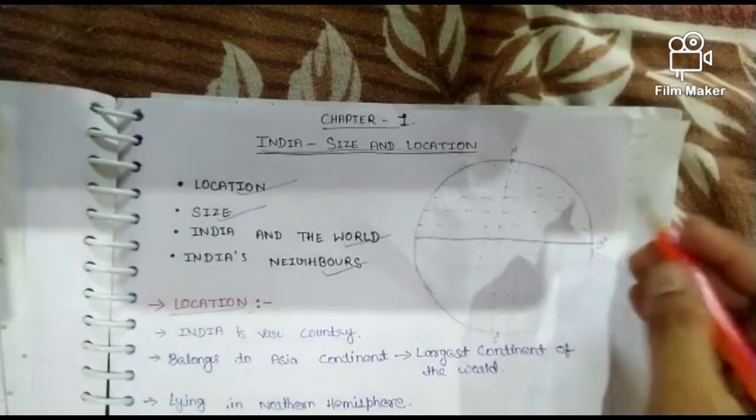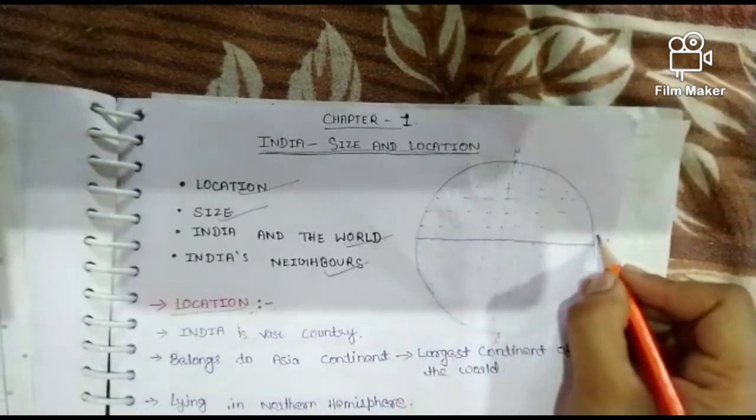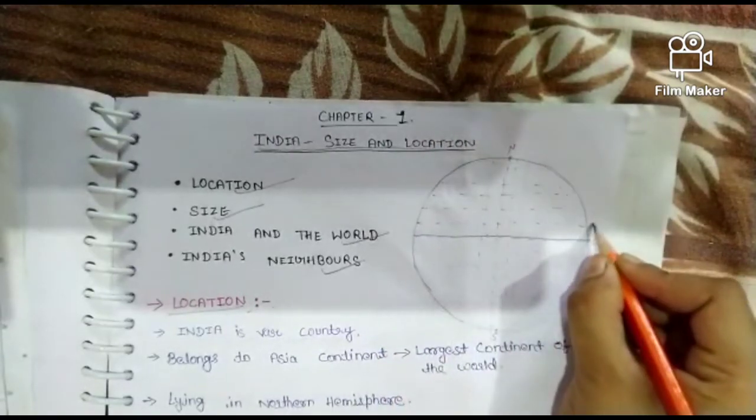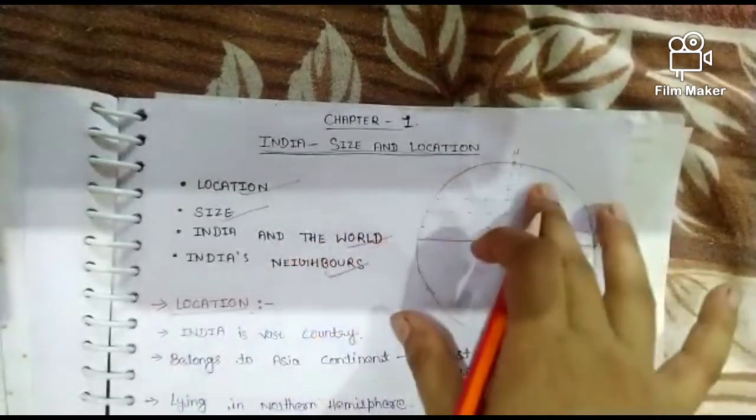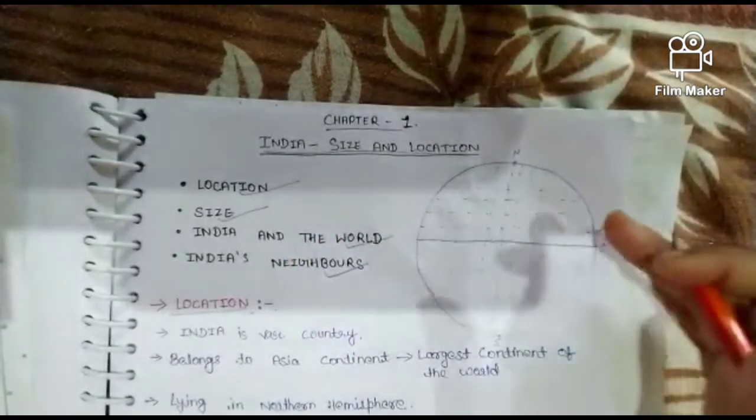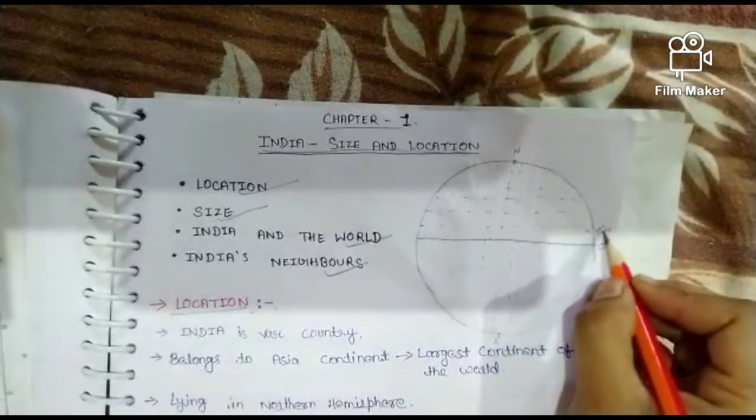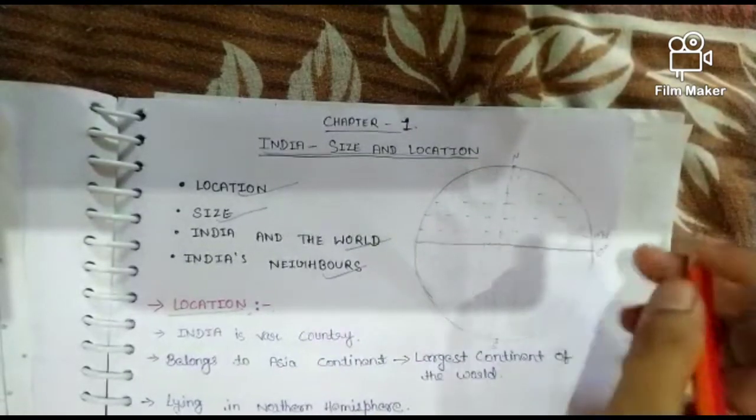Moving forward, the value of degrees increases, that is 15 degree north, because this part is the northern hemisphere, so we indicate this degree with the symbol north.